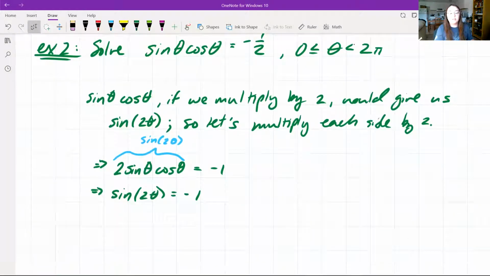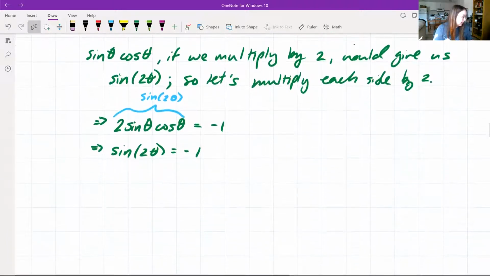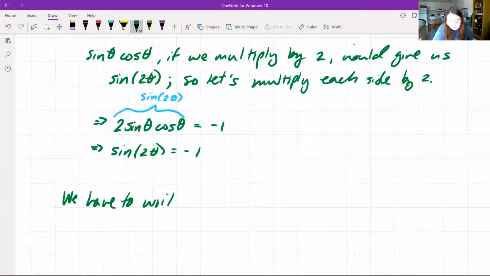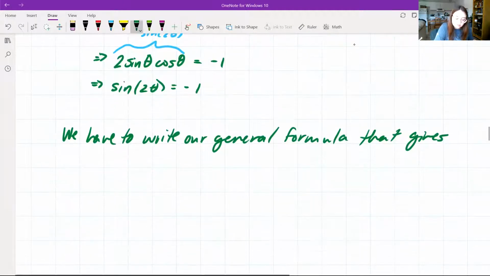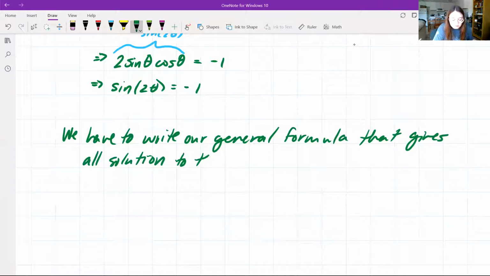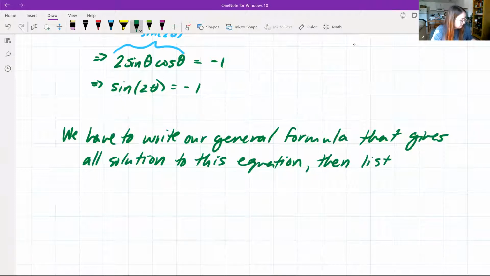If we want to solve this equation for theta between 0 and 2 pi, we should write out our general formula that gives all solutions to this equation, then list the ones in the correct interval.